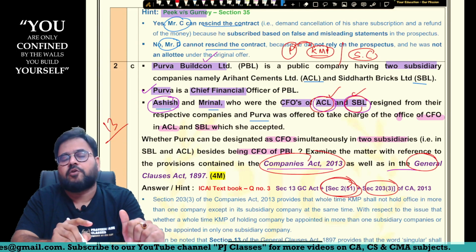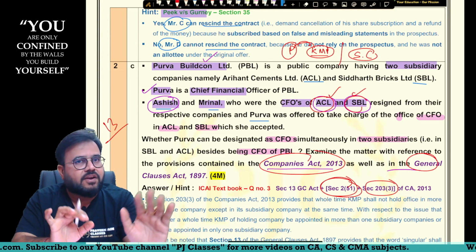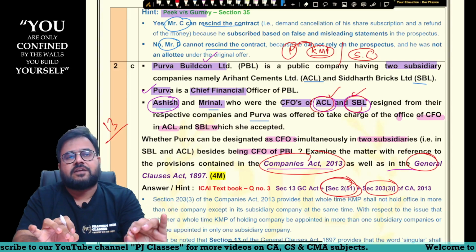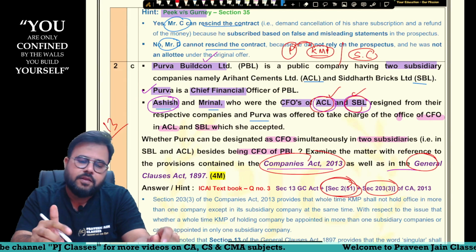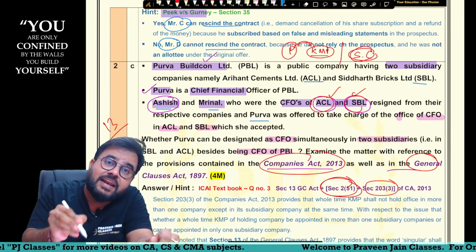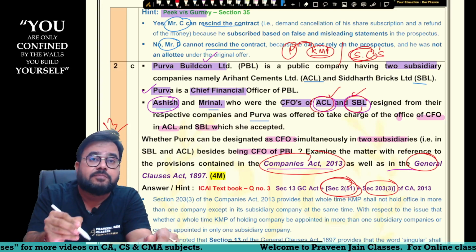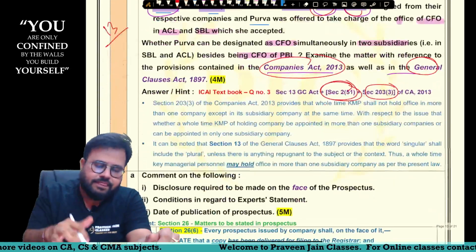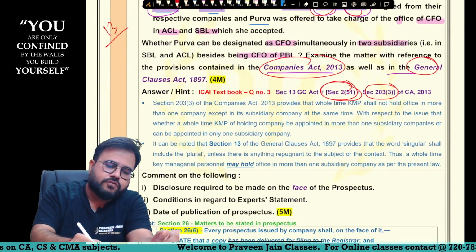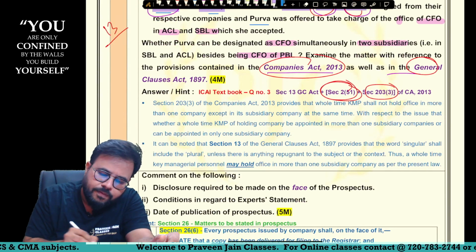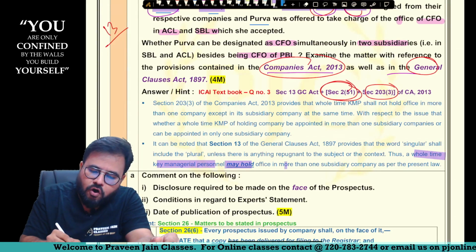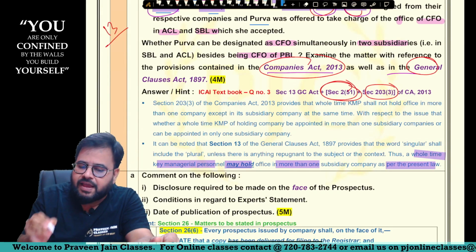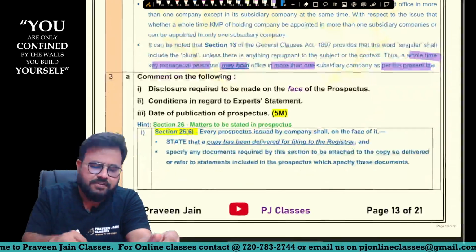In number, unless the context otherwise requires, in whichever law a singular word is used, you can also include plural. So even though the word used is subsidiary company, you can read this as subsidiary companies, and then this appointment is allowed, sir. So Purva, the whole time key managerial person may hold office in more than one subsidiary company as per the present law, nothing but the Companies Act, sir.